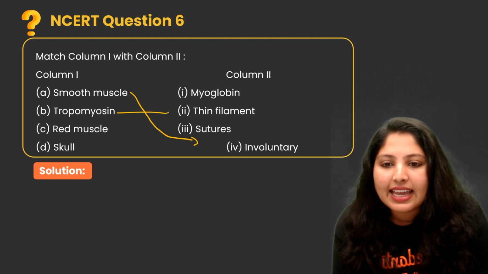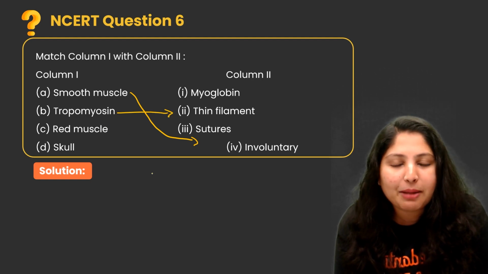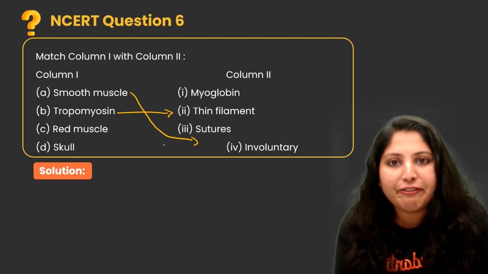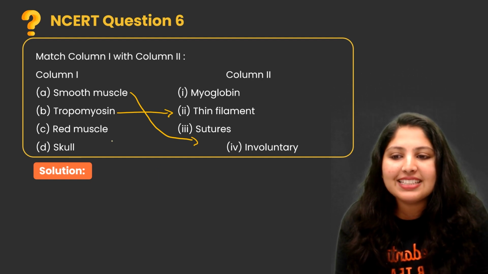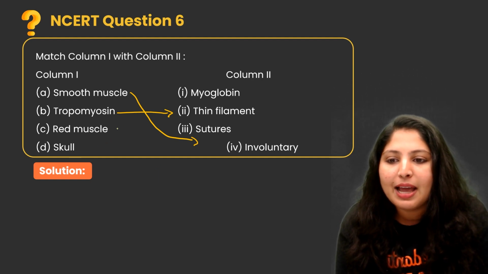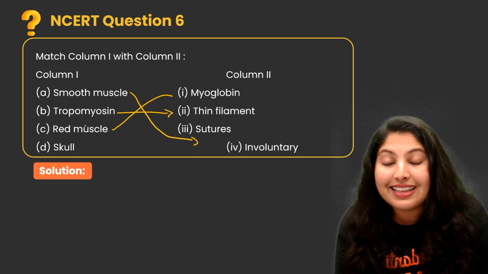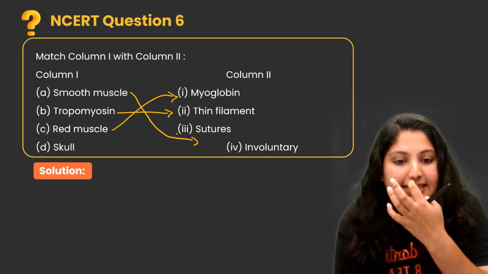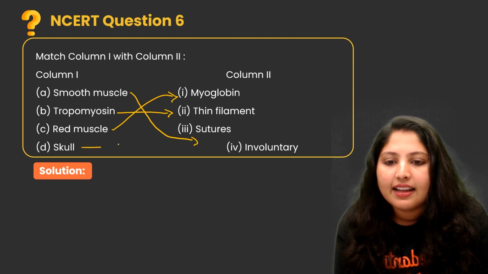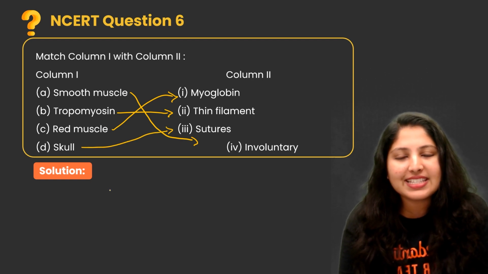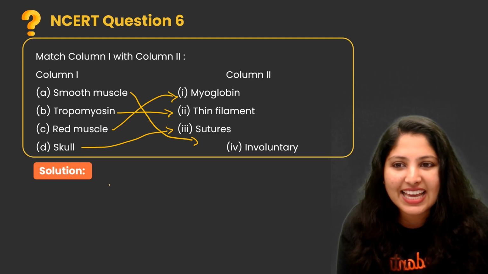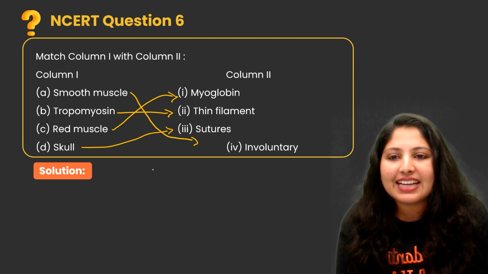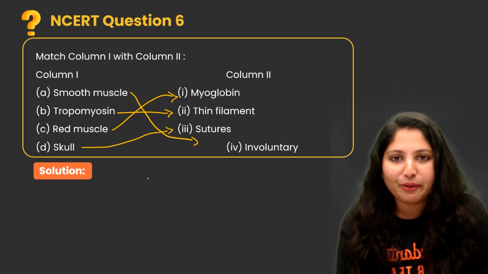It is in the actin filament or thin filament. Red muscle: myoglobin. In the red muscle there is more myoglobin. Next, skull having sutures. So these are the correct answers for this question.